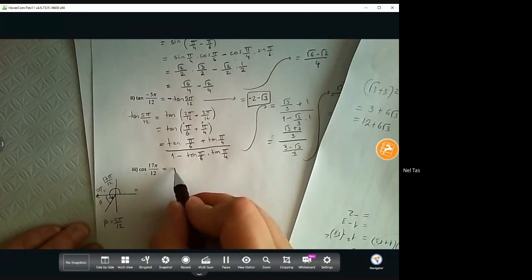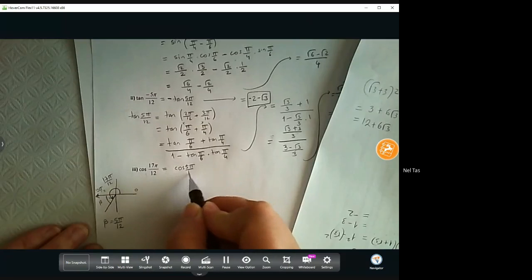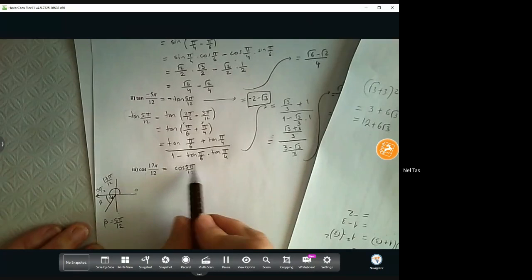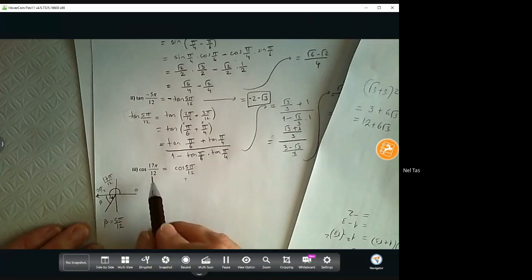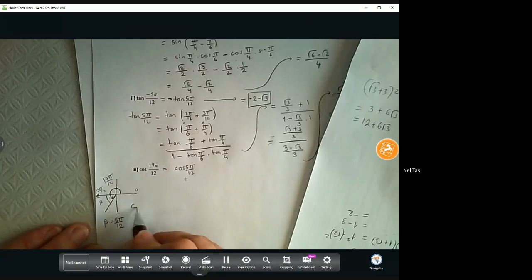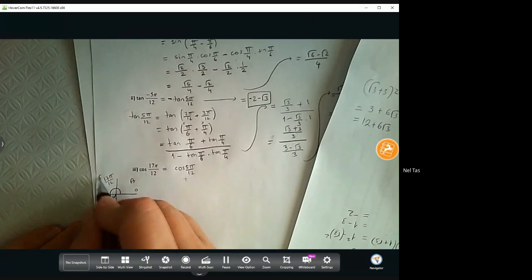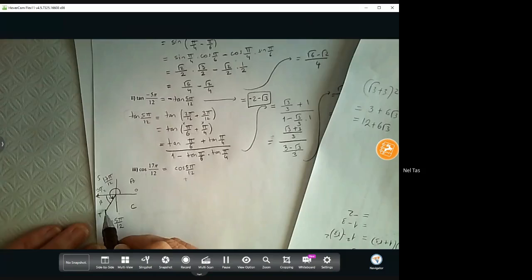Then you want to write this with cosine 5 pi over 12. 5 pi over 12 is an acute angle, so cosine of it is going to be positive. Cosine 17 pi over 12. Now we sketch that angle. It is in quadrant 3, and cosine is negative in the third quadrant.